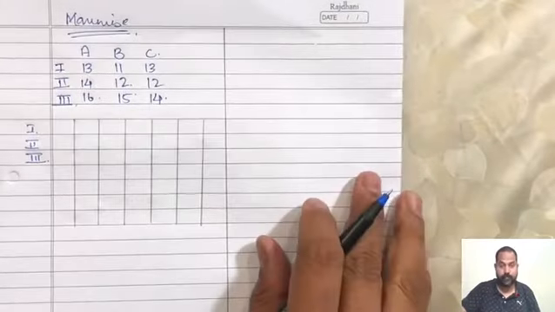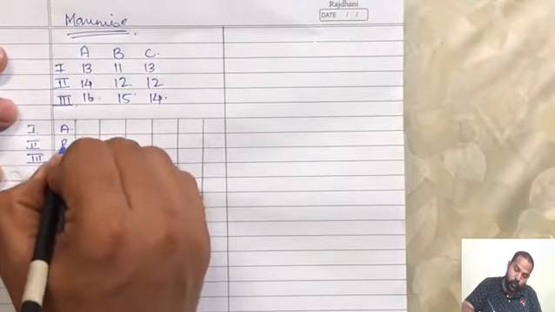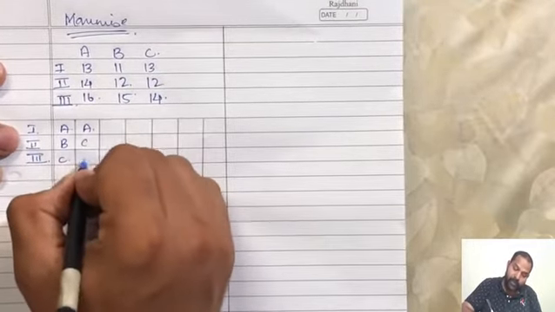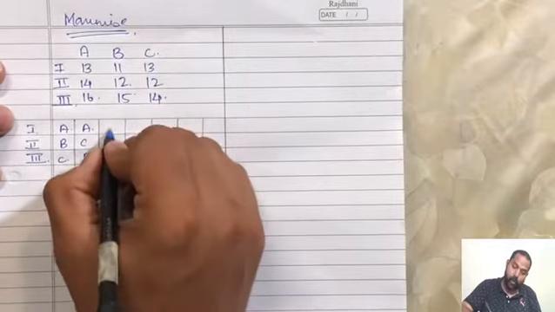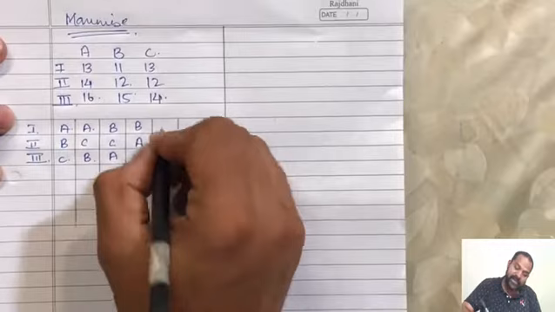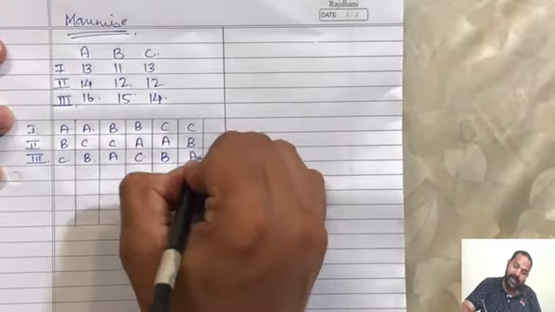Correct? So I have a choice. Let 1 do A, 2 do B, 3 do C. Or let 1 do A, 2 do C, 3 do B. Or BCA or BAC or CAB or CBA.